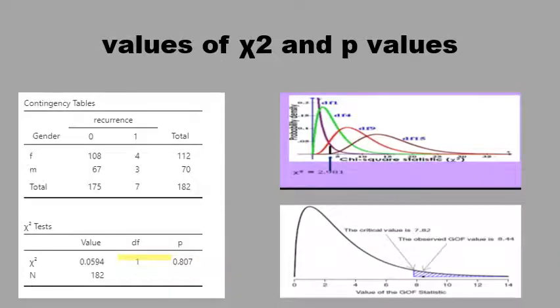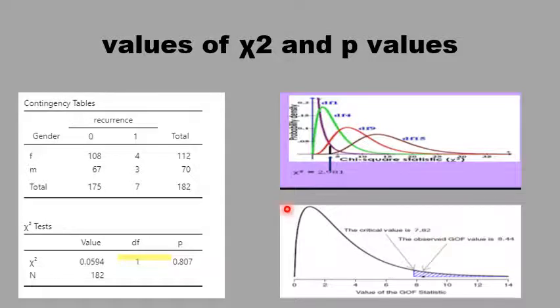The chi-square probability distribution is not necessarily a normal distribution, particularly for small degrees of freedom like 1, 2, or 3. If the degrees of freedom is 1, this would be the probability distribution of the chi-square test, with a cut-off point here at the 5%, which measures more than 7 point something.